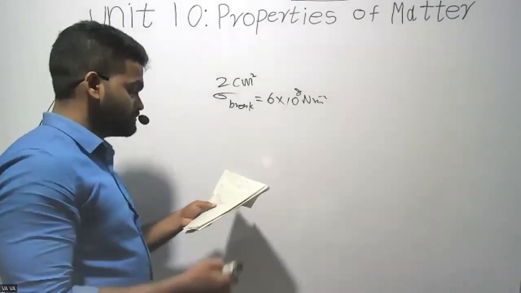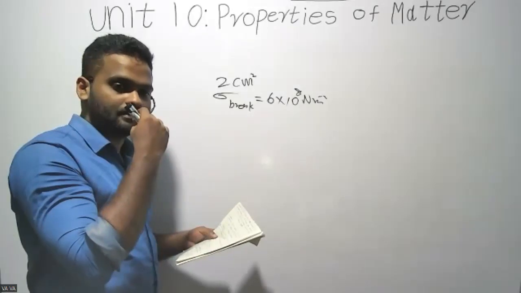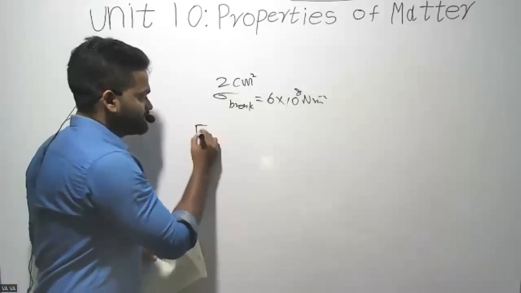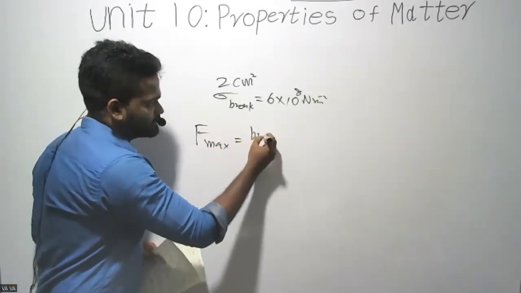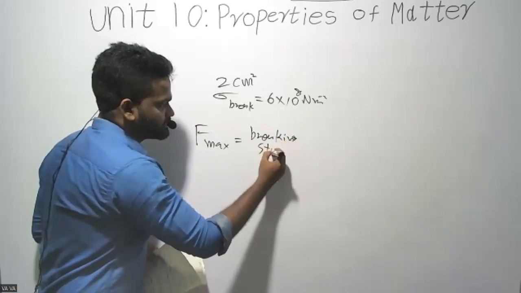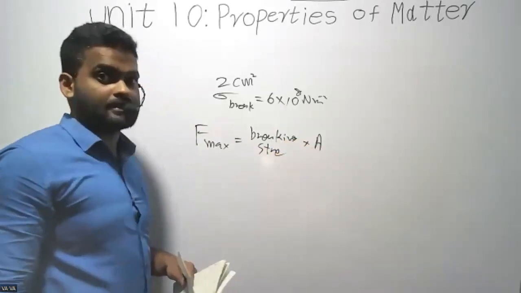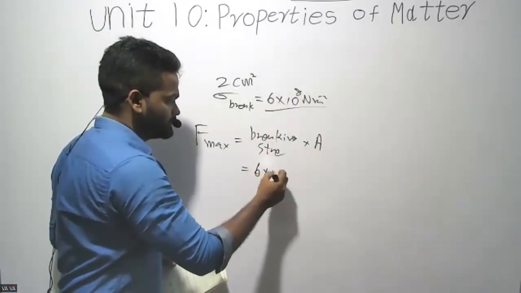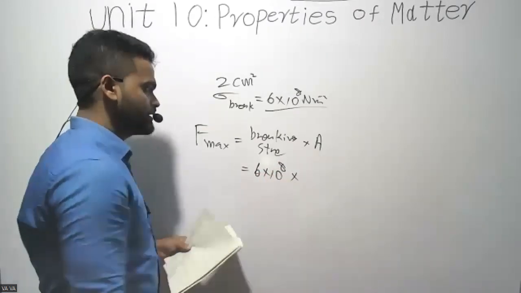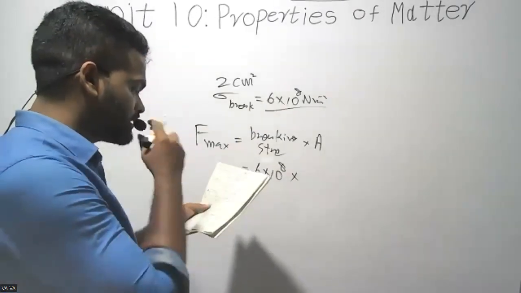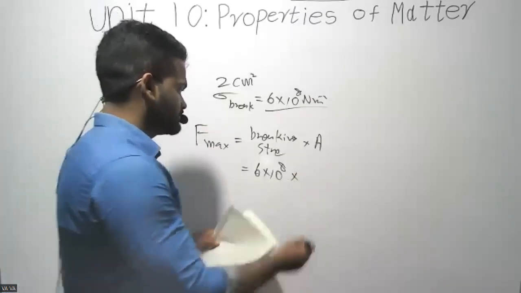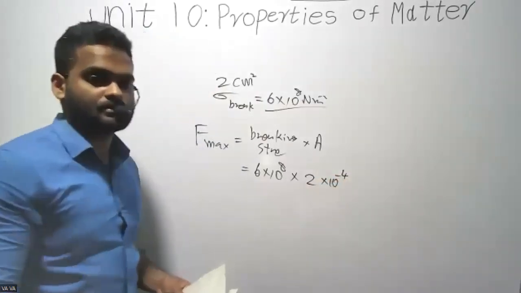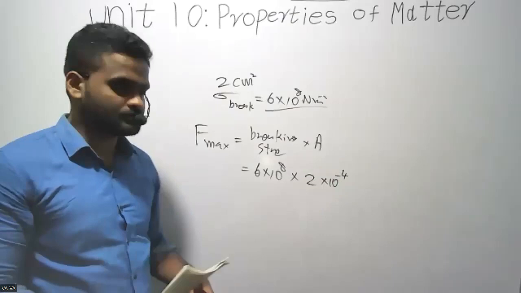So here what they ask is the maximum force that can be applied without breaking the wire, right? So you can use this equation: F max equals break-in stress multiplied by area. Break-in stress is 6 times 10 to the power 8 newtons per square meter, and cross section 2 square centimeters. When you convert square centimeters into square meters, it is 10 to the power -4, right?